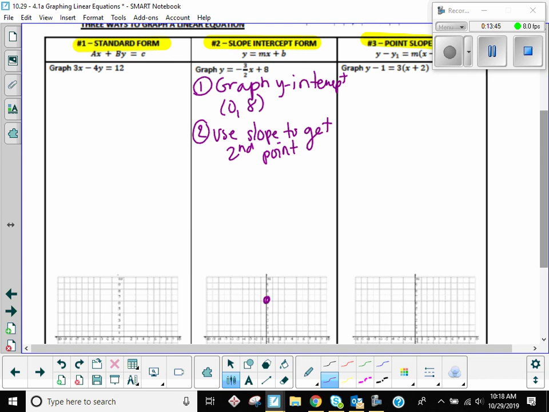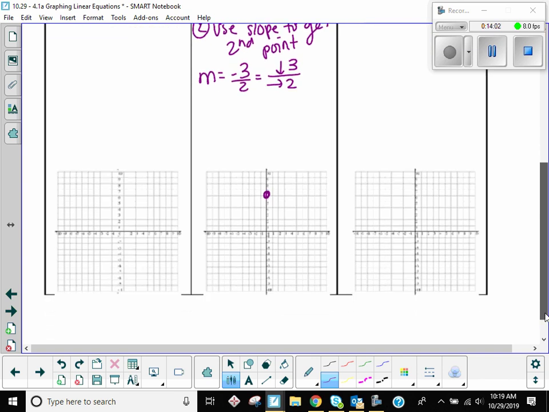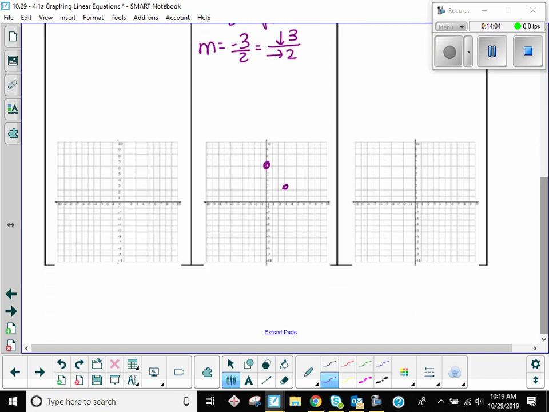So what is the slope here? Negative 3 over 2. So the slope is negative 3 over 2. That means to go down 3 and right 2. So down 3, right 2. And then the last step is to connect the dots.